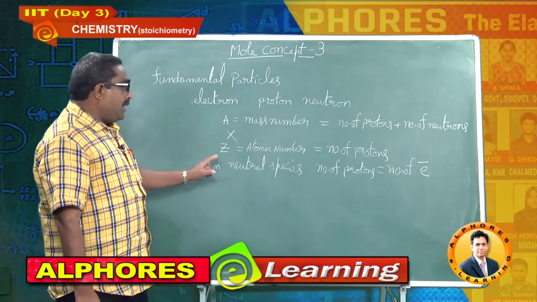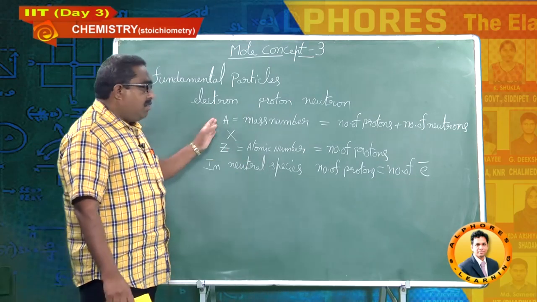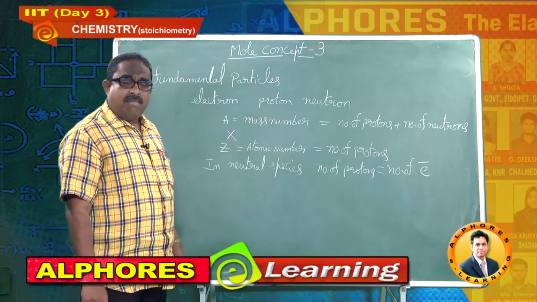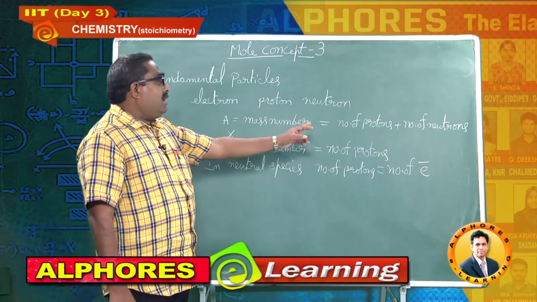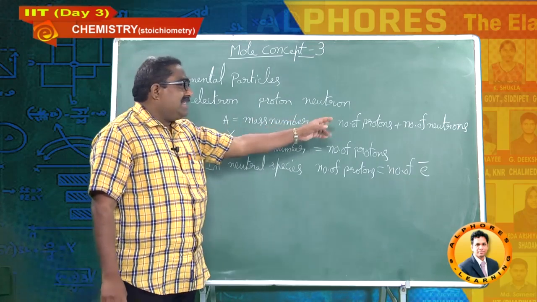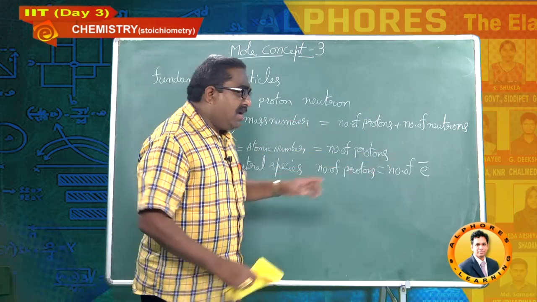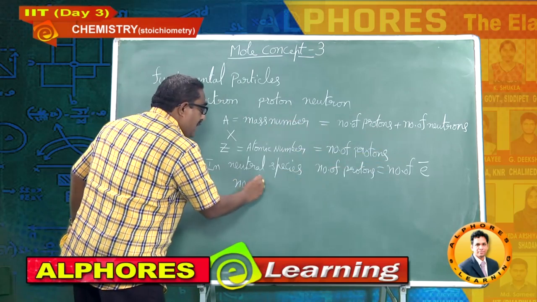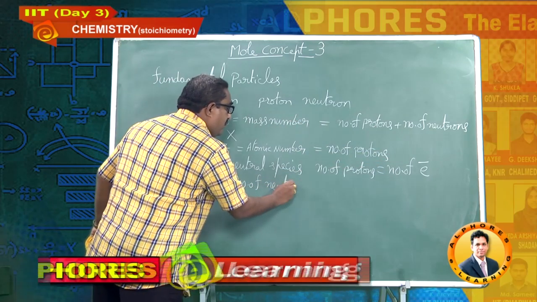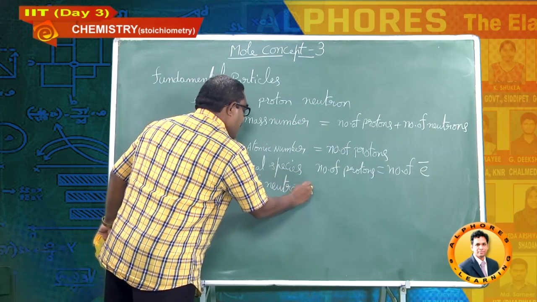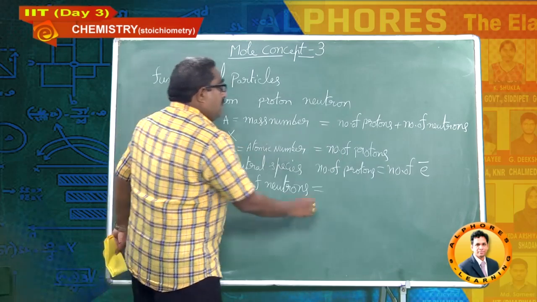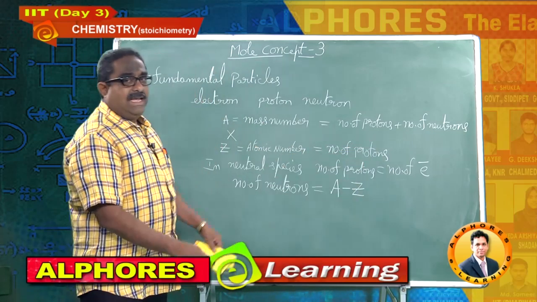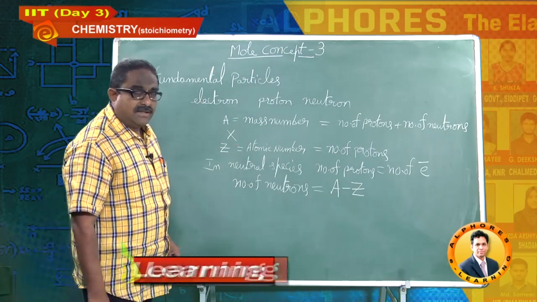So, with this I have introduced you what is atomic number, mass number, how to identify the number of protons, and mass number, which is the number of protons plus the number of neutrons. So, if you want to calculate the number of neutrons from the symbol of an element, you can simply write A minus Z, which gives the number of neutrons.